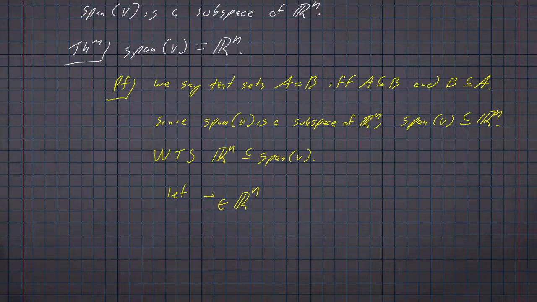I guess talking about elements of the Euclidean vector space, we usually call them X. So let's stick with that. And we know what the Euclidean space Rn looks like. It's the column vector of x1, x2, down to xn.